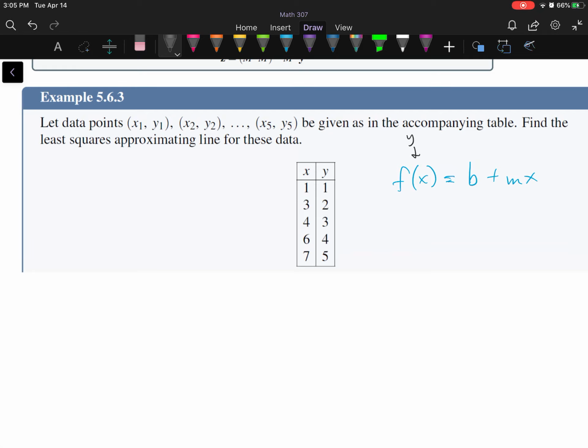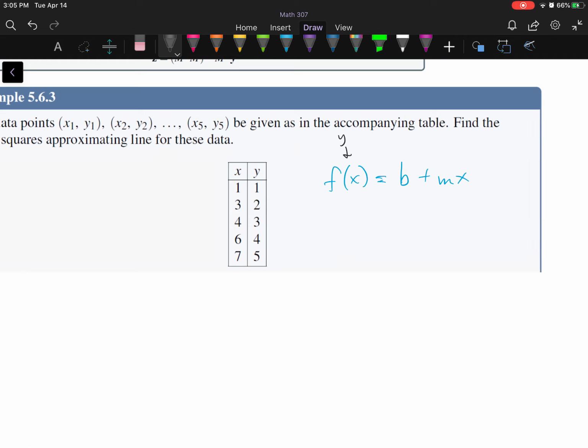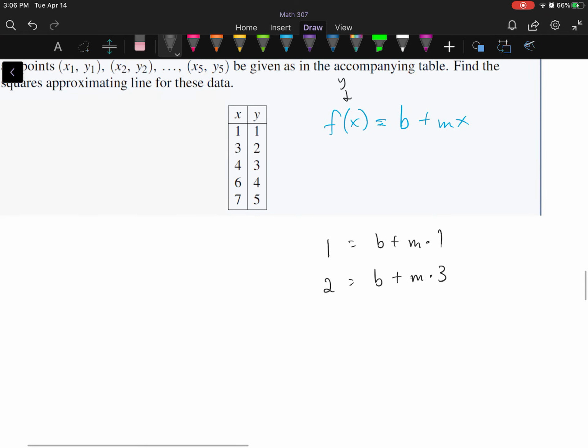Anyways, for the first point, we would have the equation 1 equals b plus m times 1, because that's our x value. And for the next one, we would have 2, that's our y value, equals b plus m times 3. That's our x value. And so on and so forth.